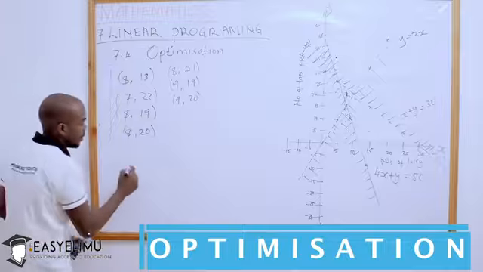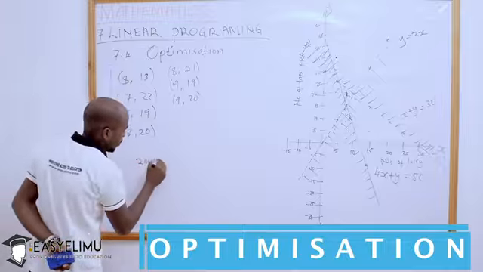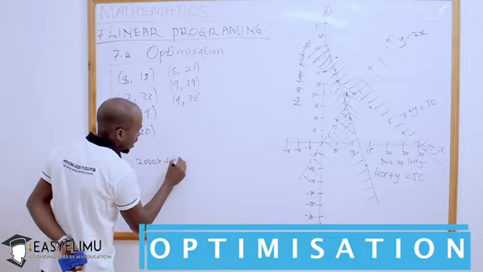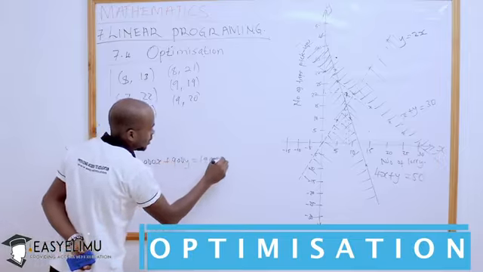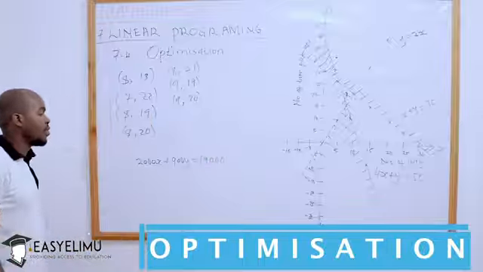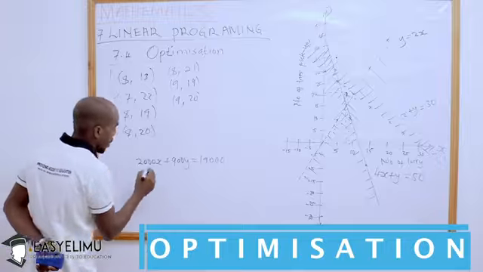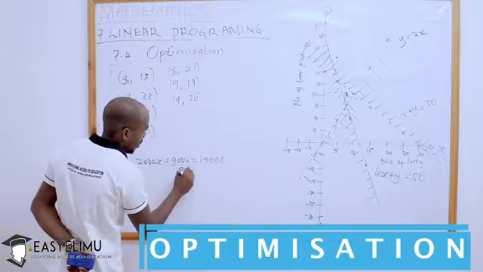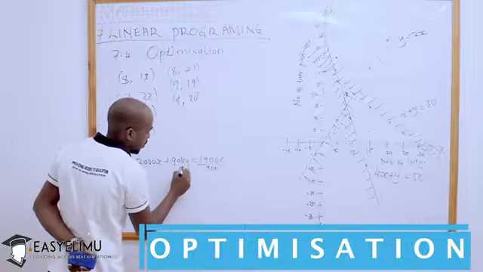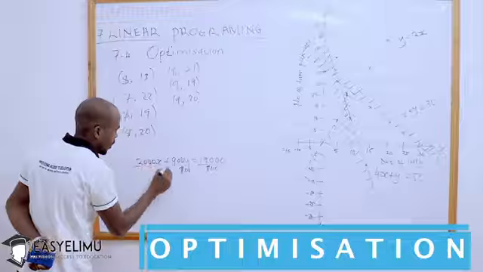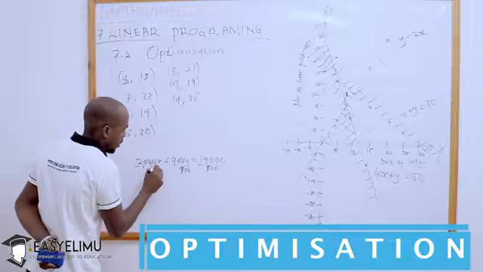So we shall say 2000x plus 900y is equal to 19,000. Having that, we can simplify our function by dividing by 100, not 9, by 100, to make it simpler.